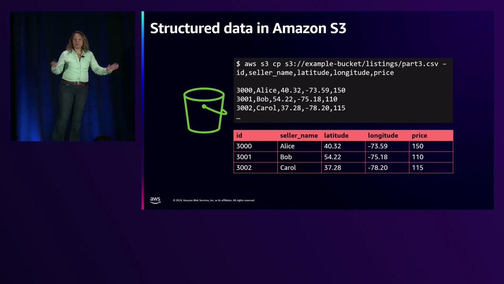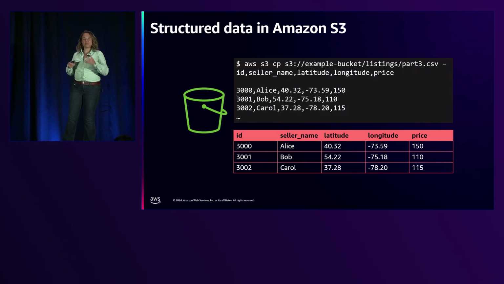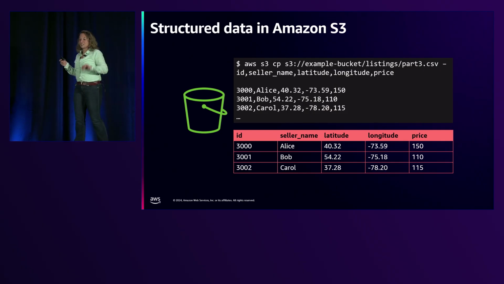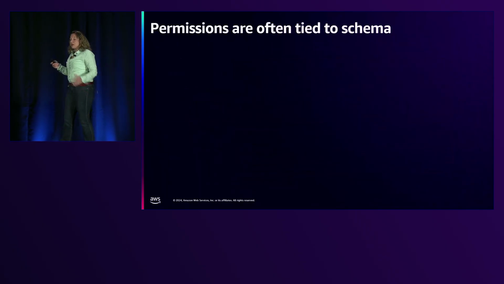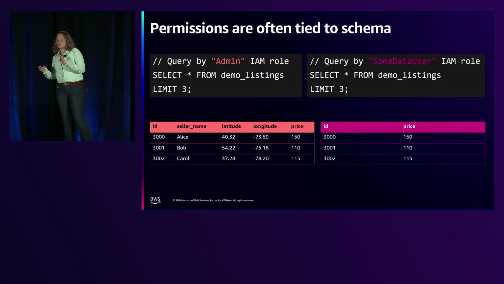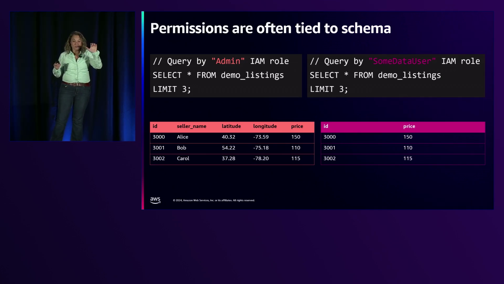And if I think about permissions, I clearly have some kind of table here of people, their geographic locations, and some sort of transaction that happened and the price. Depending on how sensitive these different columns are, I might have opinions about different users of my data being able to see different parts of the table. And that means different parts inside that one S3 object.